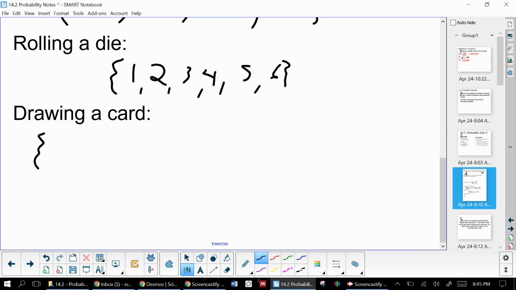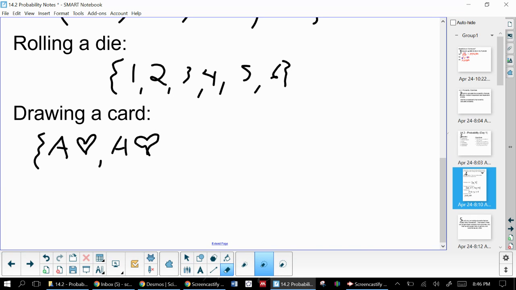And so I could have something like the ace of hearts, or the ace of, can I draw a spade? No, I cannot draw a spade. But each of those 4 suits has all of the cards. And so we'd have to list those all out separately. Ace of hearts, ace of spades, ace of clubs, ace of diamonds, 2 of clubs, 2 of spades, 2 of hearts, 2 of diamonds. There'd be 52 possible answers there.